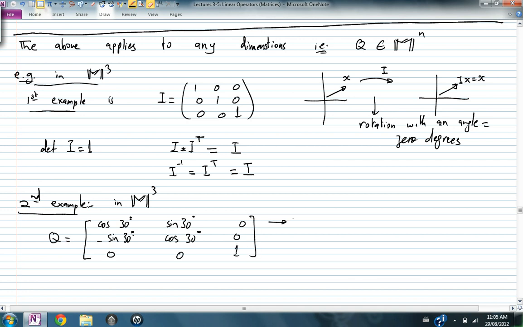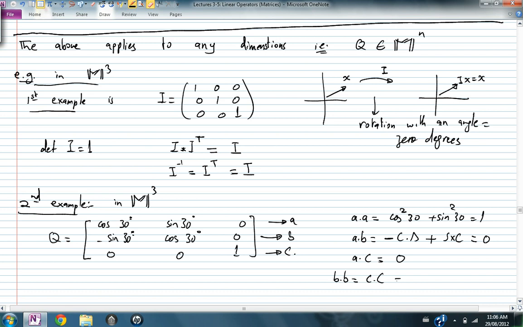If I call this vector A, this vector B, this vector C, A dot A is equal to cosine square 30 plus sine square 30, which is equal to 1. A dot B is equal to negative cosine multiplied by sine plus sine multiplied by cosine, which is equal to 0. A dot C is equal to 0. And B dot B is equal to C dot C is equal to 1.